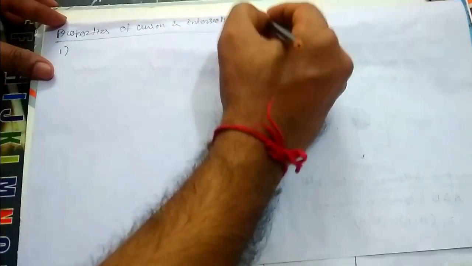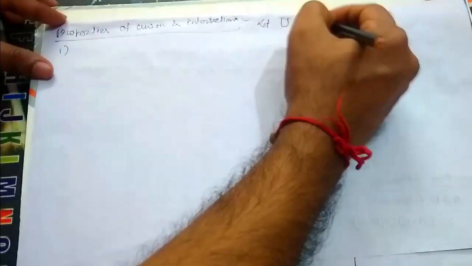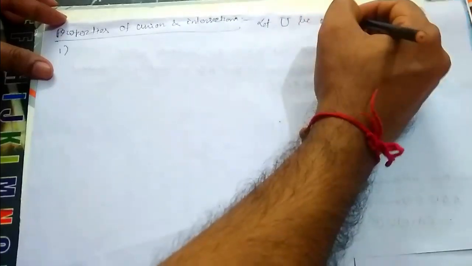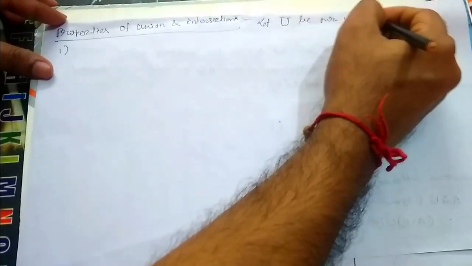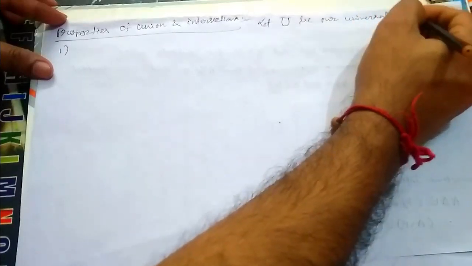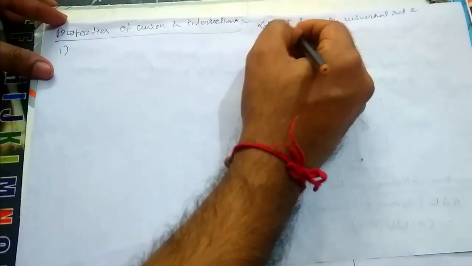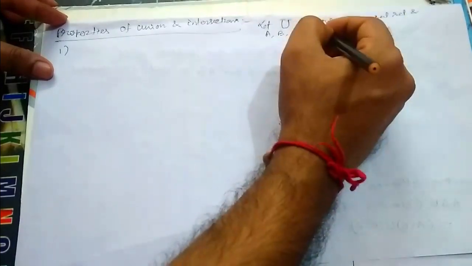At first, observe that, let U be our universal set, and A, B, C subsets of U.